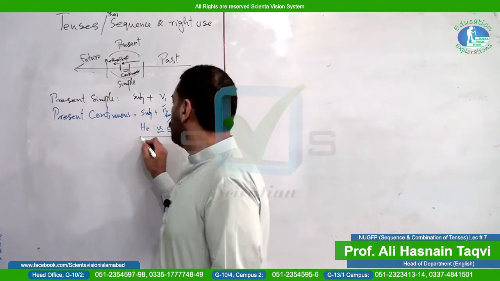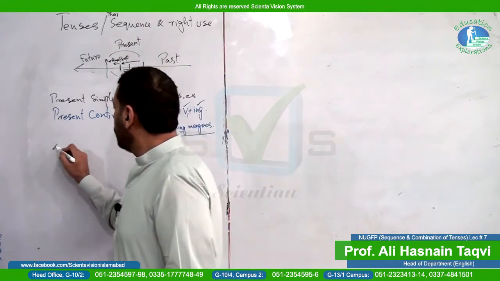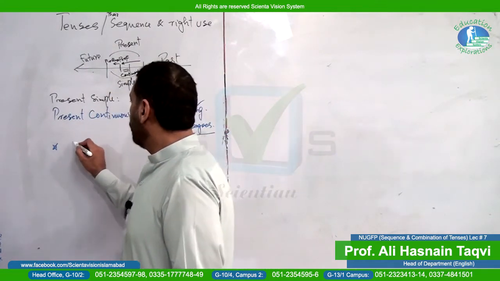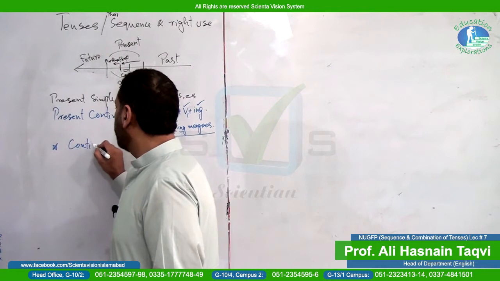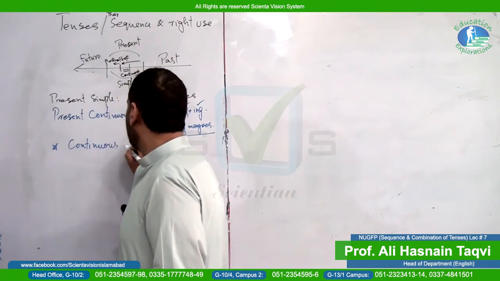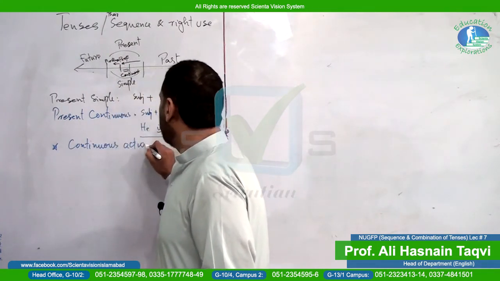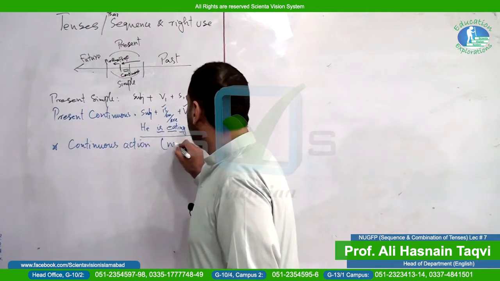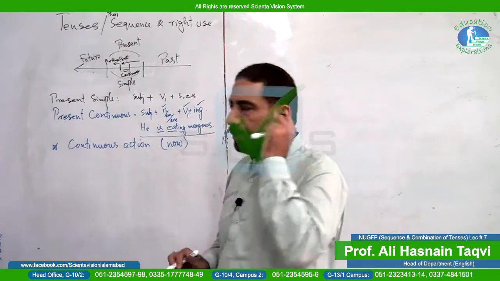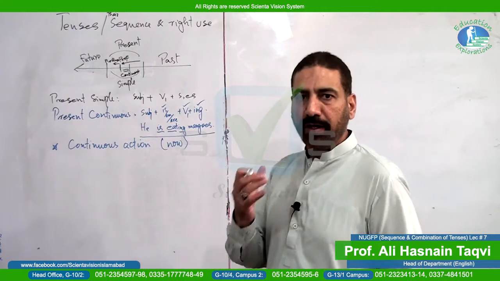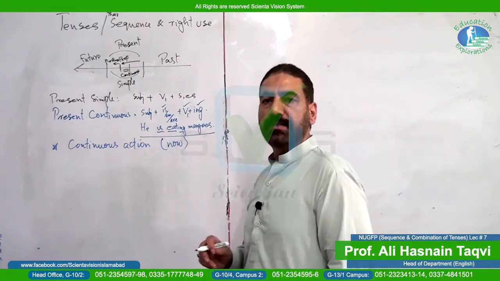This structure is to be employed in such situations where you are talking about a continuous action, and you may have even the expression now there. Even without that, when you get to know that this action is going on, you use this tense.